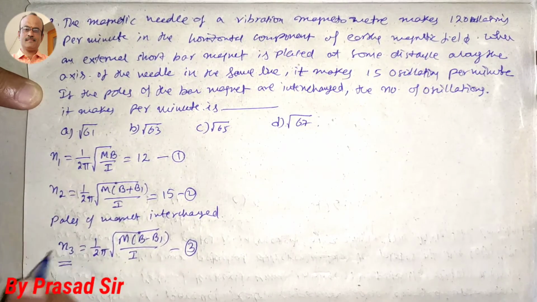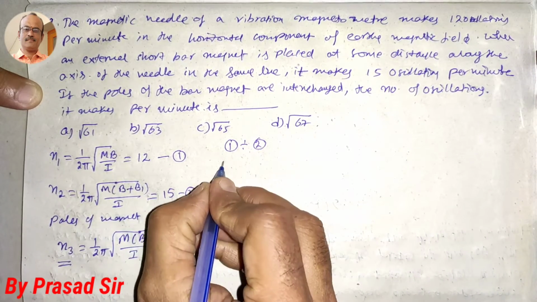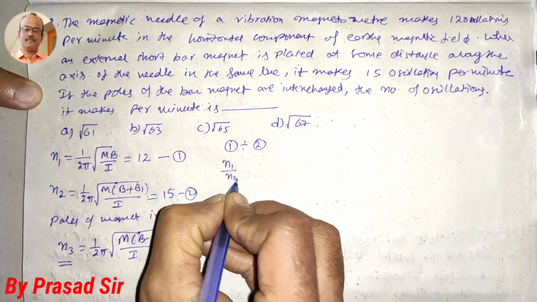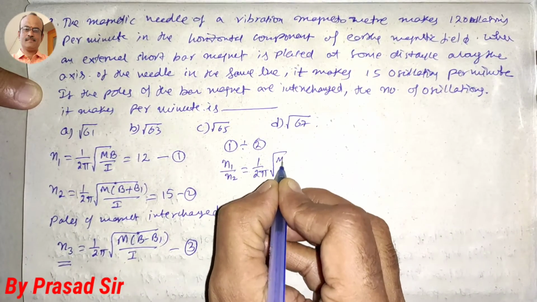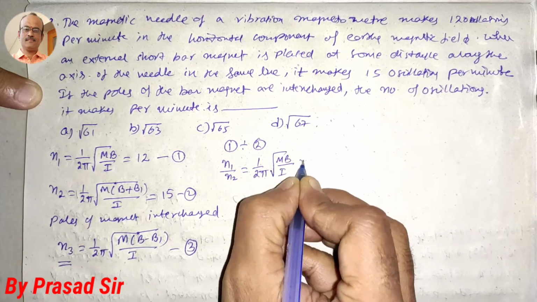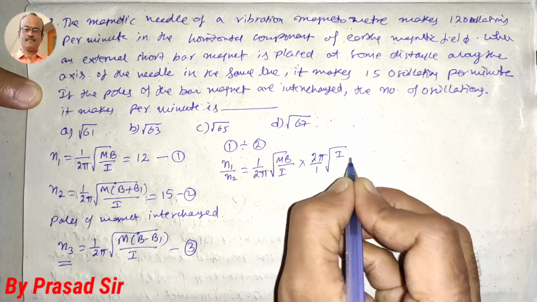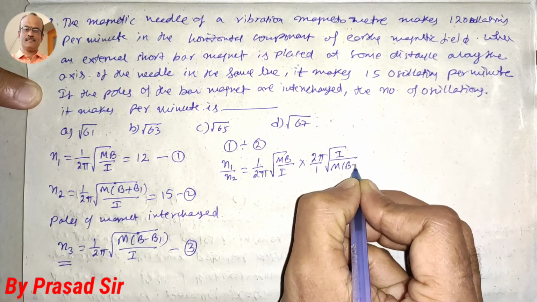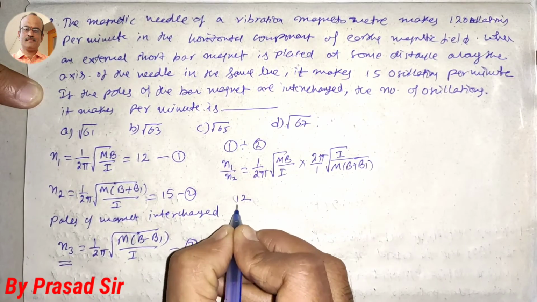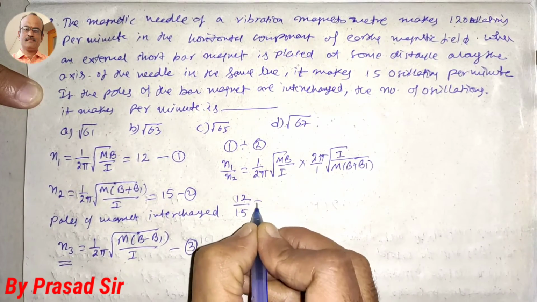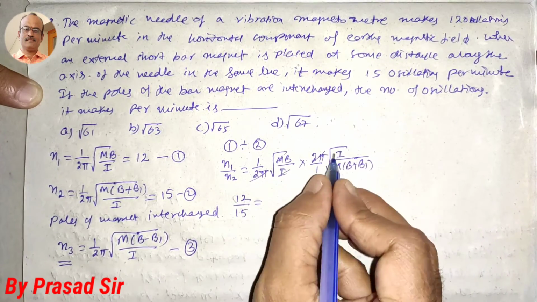Now first of all I will divide 1 by 2. So N1 divided by N2 is equal to 1 by 2 pi times square root of MB divided by I, into 2 pi by 1 times square root of I divided by M times B plus B1. Here N1 is 12, N2 is 15, 2 pi cancels, M cancels, I cancels.